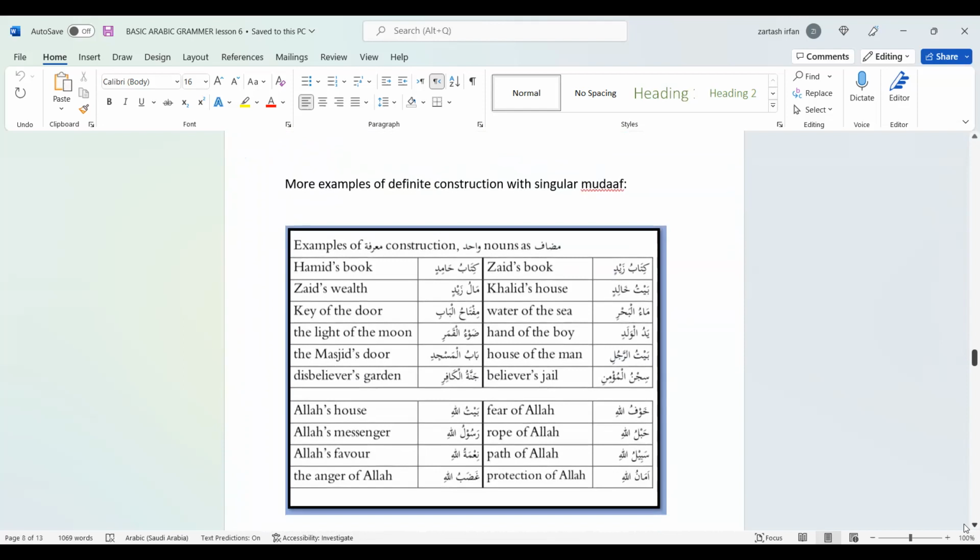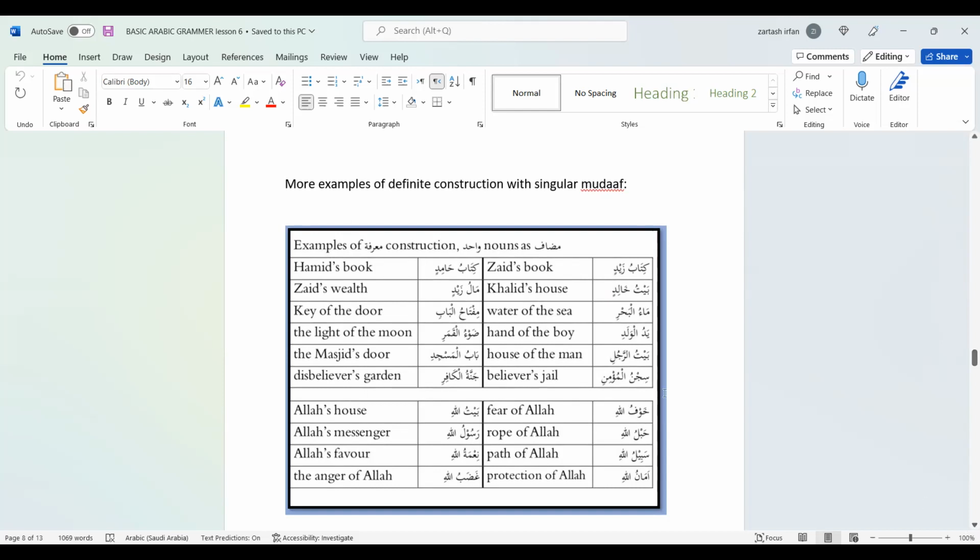There are some more definite constructions with singular mudaf. When the mudaf is singular, obviously we will also look at the musanna and jama mudaf, but right now these examples all have a singular mudaf. Examples of marifa constructions are when we have a mudaf ilayhi which is a definite noun.